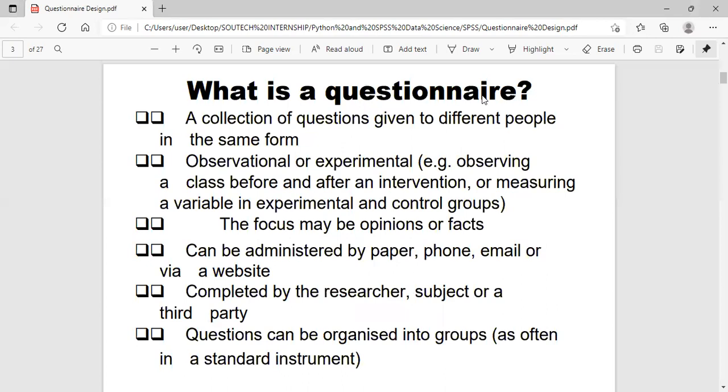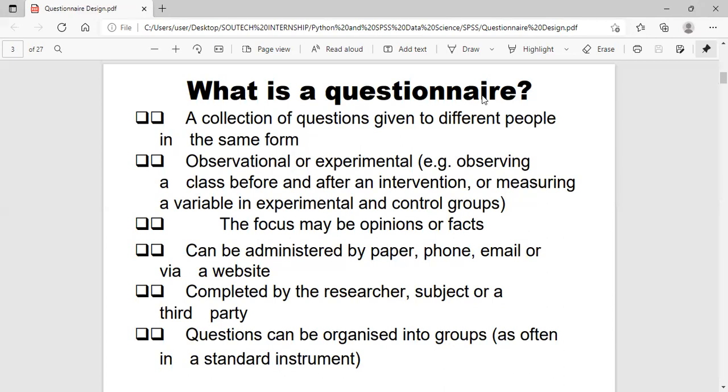Now, a questionnaire can be observational or experimental. That's observing a class before and after an intervention. Let's say observing a class that doesn't go on breaks. Children are playing in primary school, they see their mates playing and they don't play.